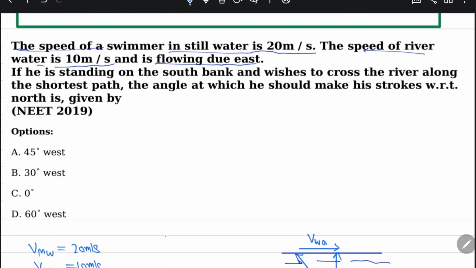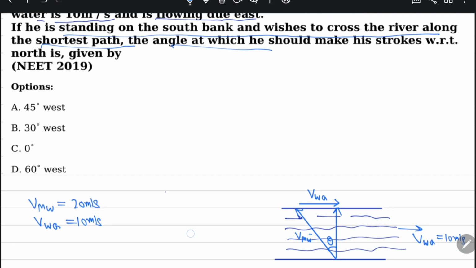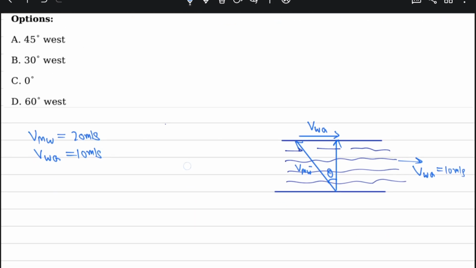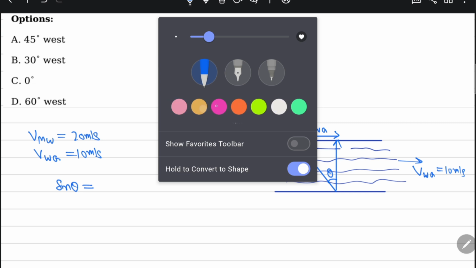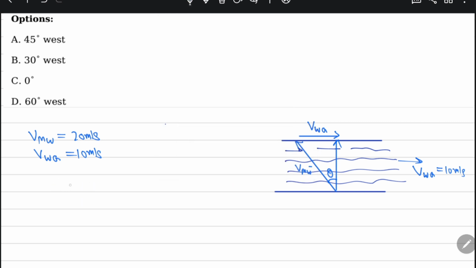And in this question they are saying, if he is standing on the south bank and wishes to cross the river along the shortest path, the angle at which he should make his strokes with respect to the north. So they are saying at what angle he strokes so that he covers the shortest path, right? So I know that sine theta is equal to perpendicular upon hypotenuse, that is velocity of water with respect to ground upon velocity of man with respect to water.